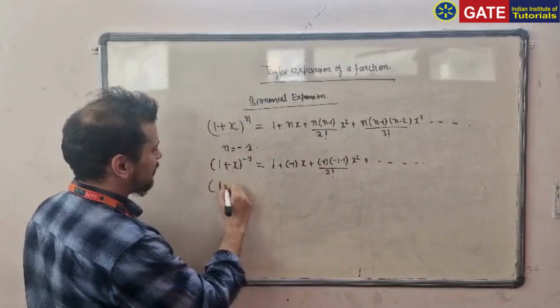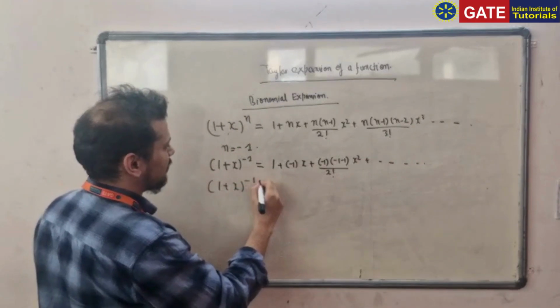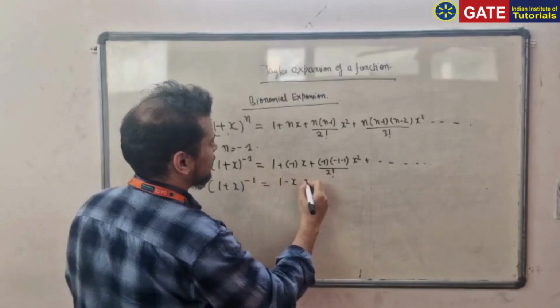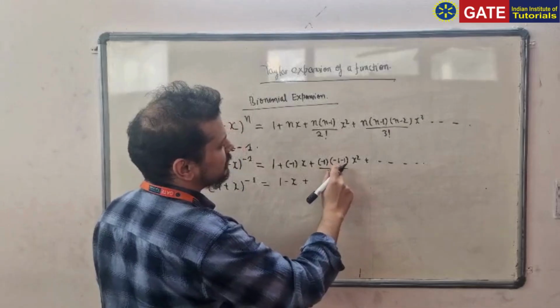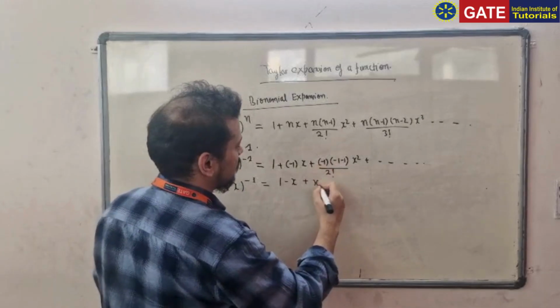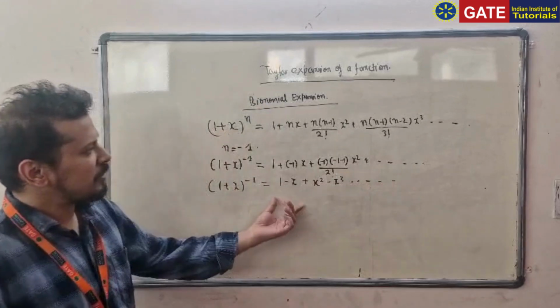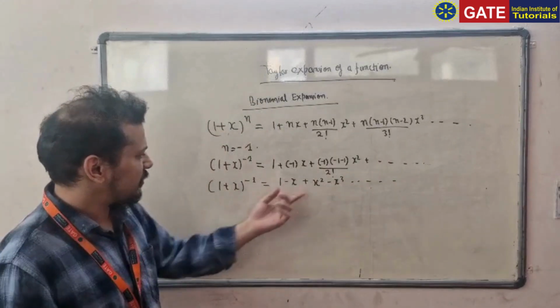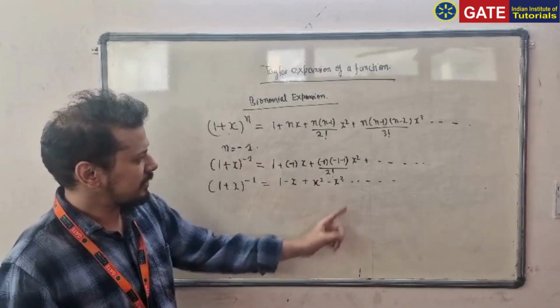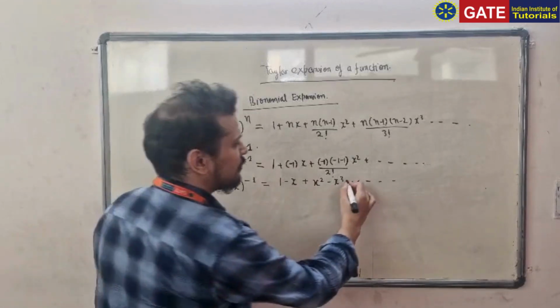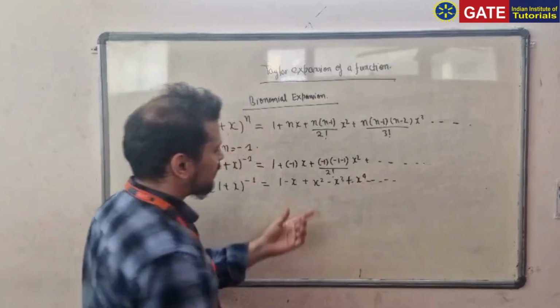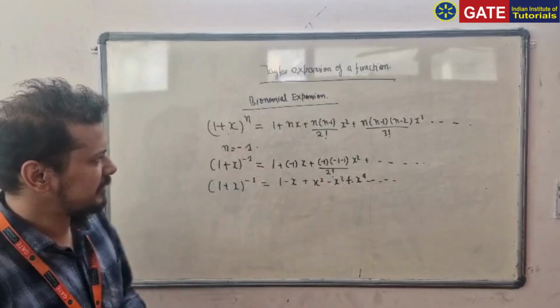So you will get 1 plus x to the power minus 1 equals 1 minus x plus x square minus x cube, and plus x to the power 4, and so on. Okay, so this binomial expansion is very, very important. Alternate powers of minus, plus, minus, plus.